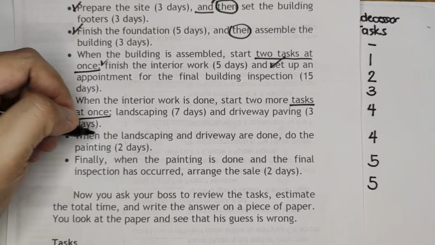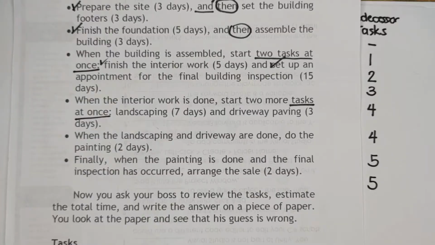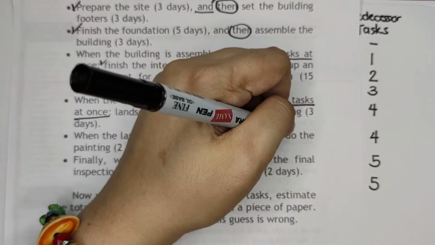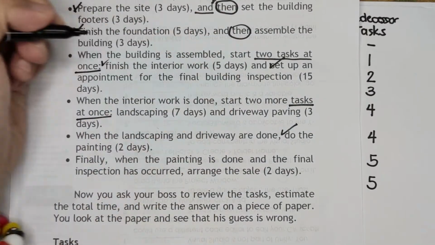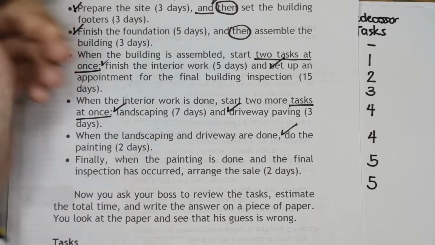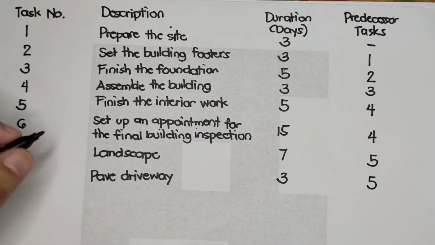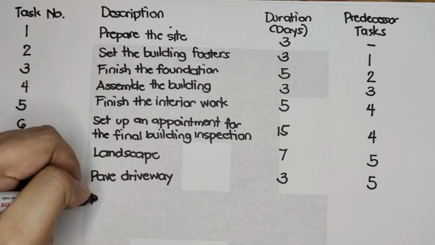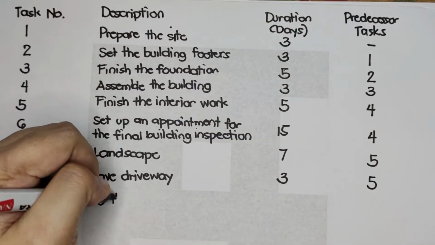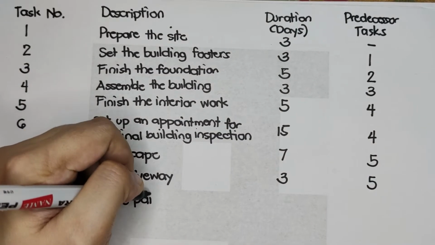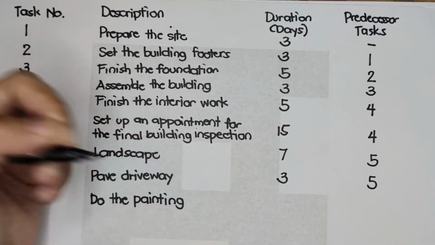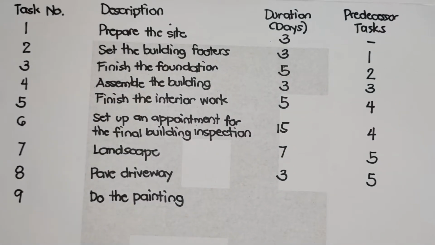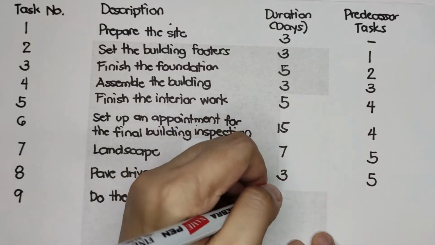When the landscaping and driveway are done, do the painting. So, this will be task number 9. Task number 9, do the painting. Duration is 2 days.